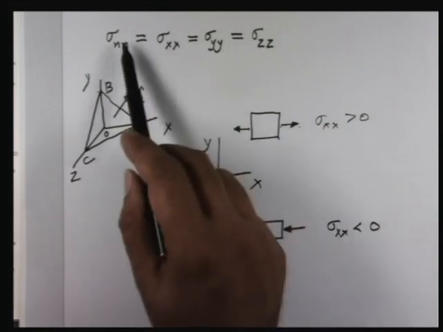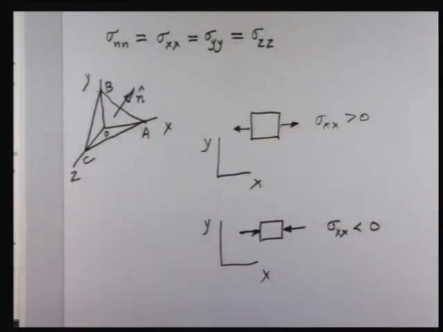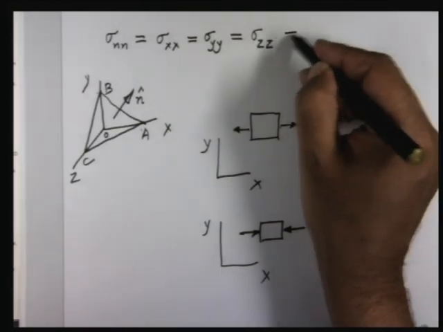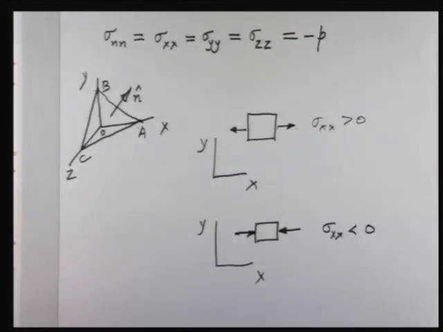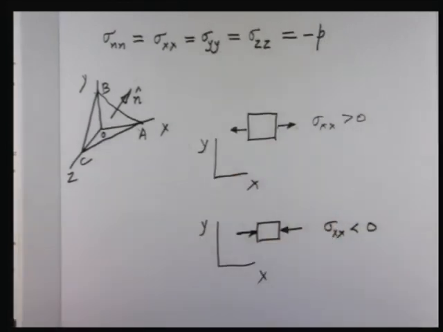So all these four terms are going to be negative. And the magnitude of that is what you call pressure. So we'll write this as equal to minus P, where P is a positive quantity. So these are all the stresses at the point O, and this P is also the pressure at the point O.